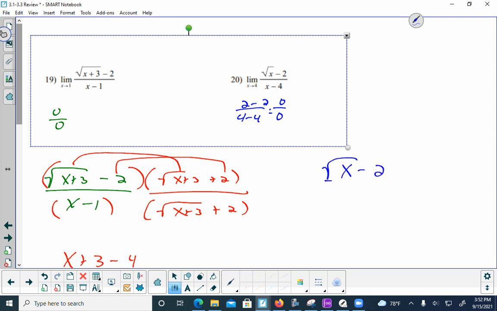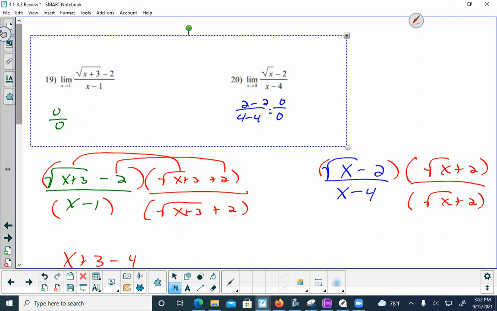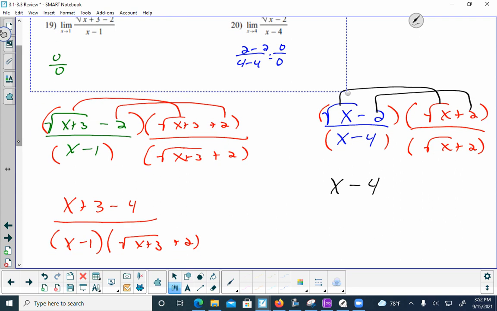Square root of x minus 2 over x minus 4, multiplying by the conjugate, square root of x plus 2 over square root of x plus 2. When I multiply the numerator, I'm going to get x minus, and 2 times 2 will be 4. So x minus 4, that middle term goes away. That's why you multiply by the conjugate.